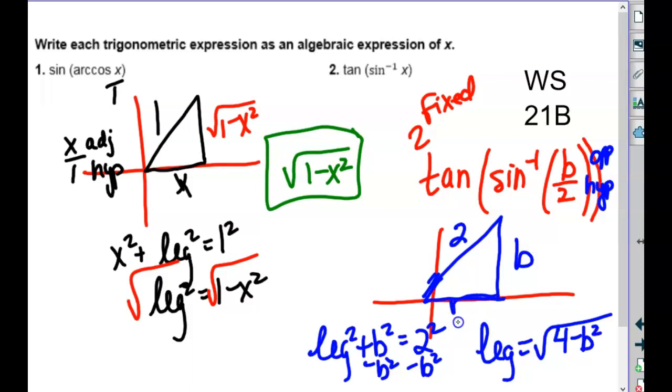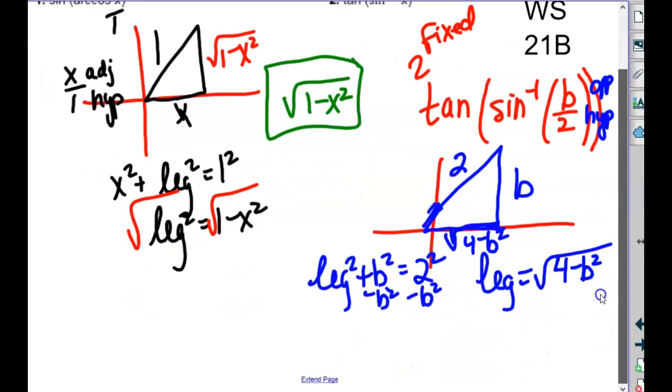Any questions about where we're getting that? Cannot simplify that. Don't do it. And then it wants the tangent. Oh, way to go, Hofbauer. I don't think I'd ask this on a quiz, but the tangent is opposite over adjacent.